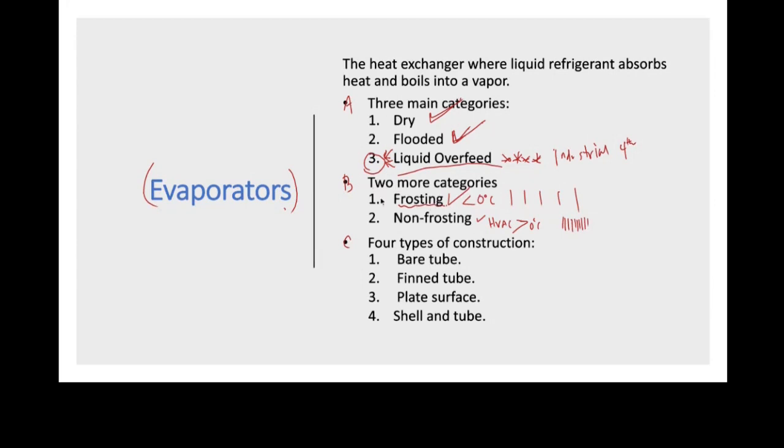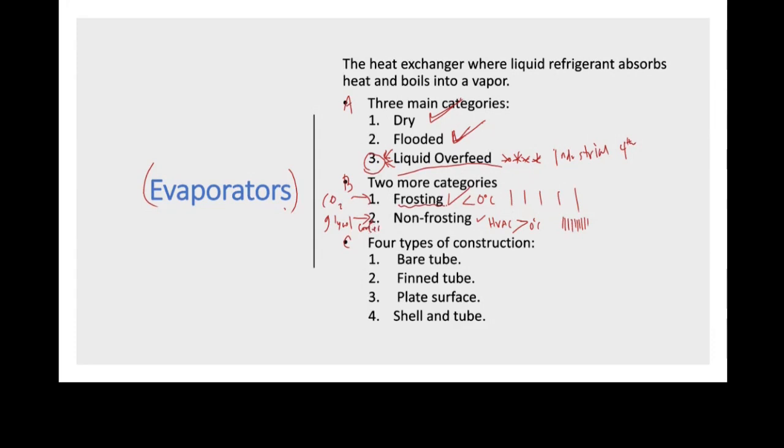And so where we saw these is we had the frosting type was the CO2 evaporator in the Cascade, and the non-frosting type was for the glycol cooler. Of course, with the glycol, that wasn't actually an evaporator. We were just circulating secondary refrigerant.